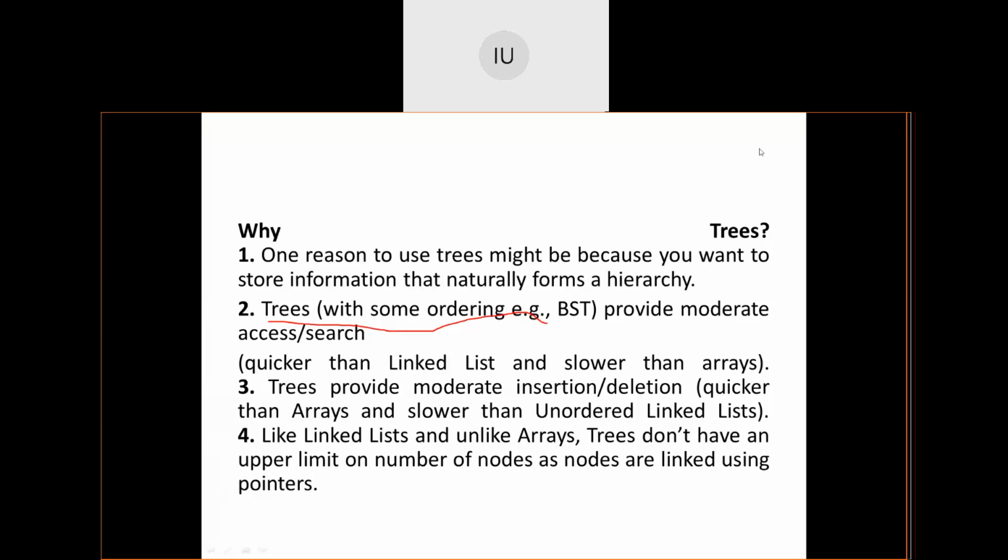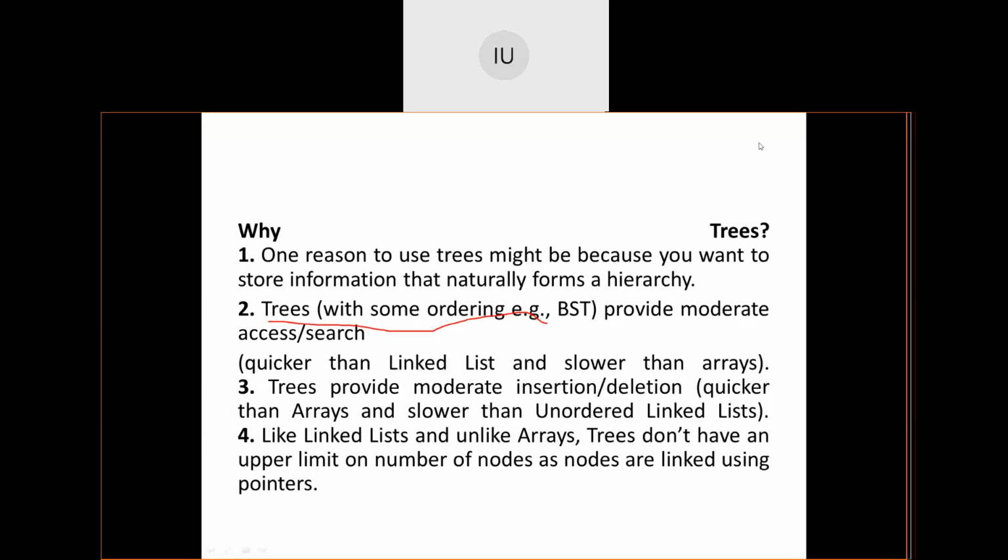I think Praveen told me the same thing when I was teaching linked lists. Arrays are the fastest for searching because they use an index. Through the index, you can search very quickly. But for storage, if there are hundreds of thousands of growing elements, then arrays are not preferred.